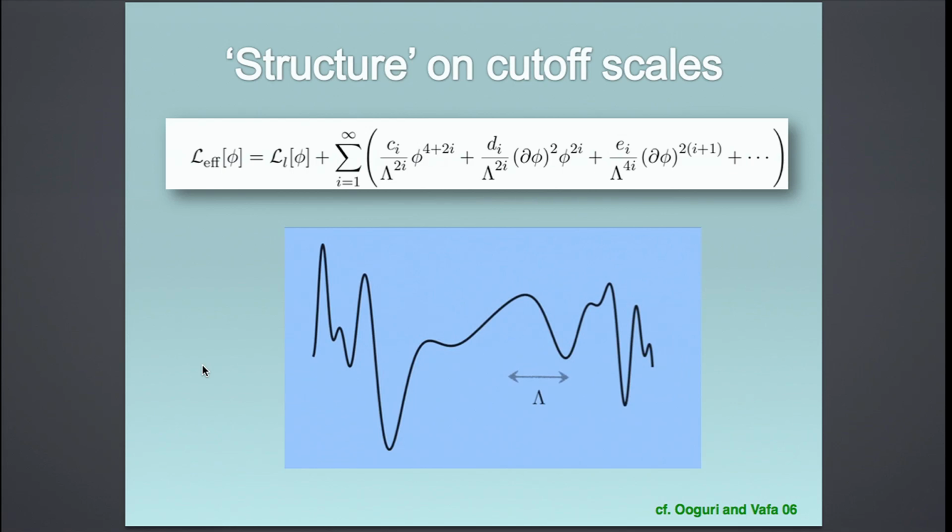So here the kinetic term receives corrections which are also proportional to powers of phi over lambda. And so when phi changes by an amount that's large compared to lambda, you expect the kinetic terms to change by a large amount, and for example, go from being well-behaved to being ghosts. So the whole Lagrangian changes, not just the potential. That's important to keep in mind. So this is the general expectation.